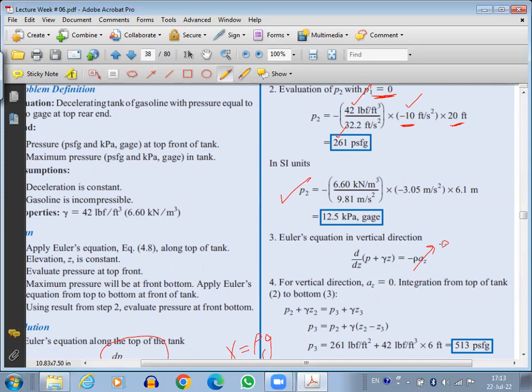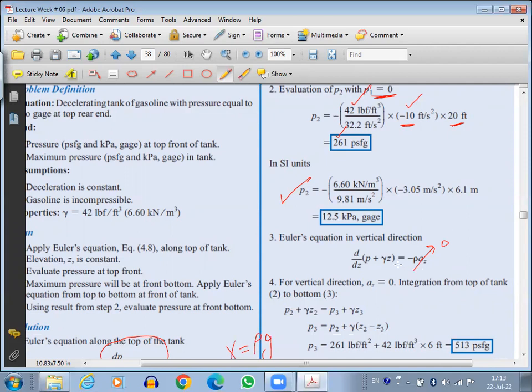In the horizontal direction, we call it AL, it was not 0 because the tank was decelerating. But in the vertical direction, it is 0. The tank is not moving up and down. It is moving in the x direction, or the L direction. Okay. So again, we apply the Euler's equation, but with AZ equals 0.